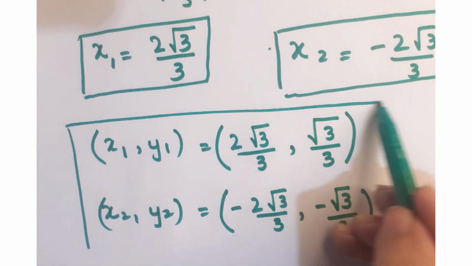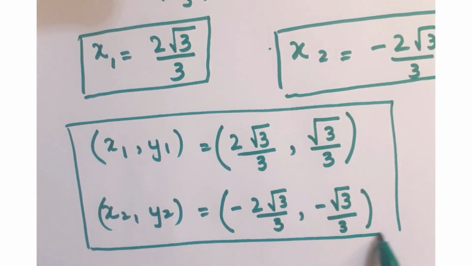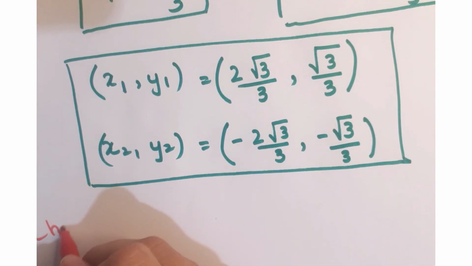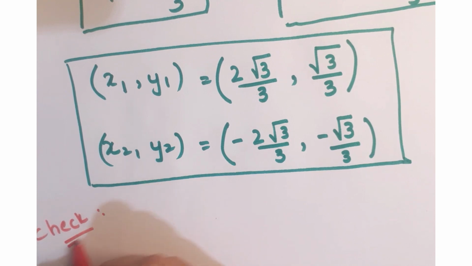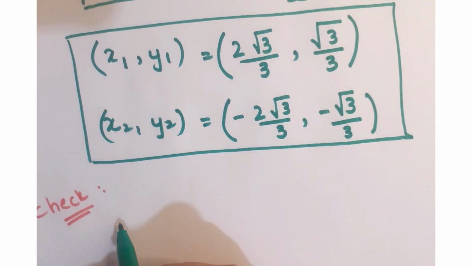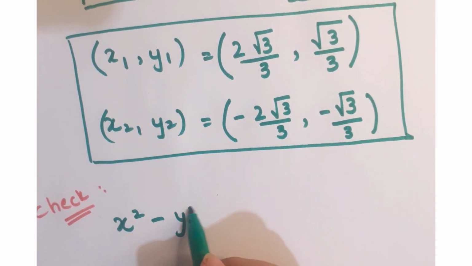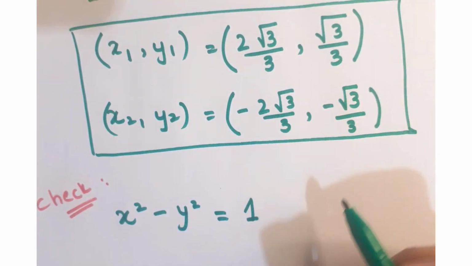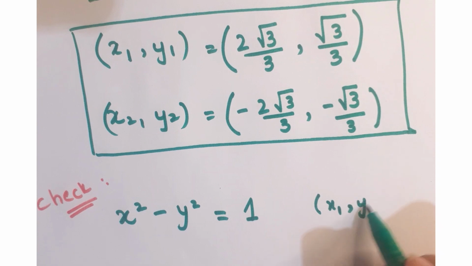Now we are going to check whether our solutions are correct or incorrect. So for checking, just consider equation number 1, whether it satisfies the equation or not, putting the value of first x1 comma y1.